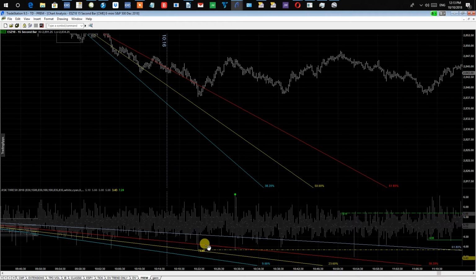Now, we did get a move up. However, the trend did begin to change at least temporarily. So how could we have found the highs? We take a low, we take a high, and we take a high.